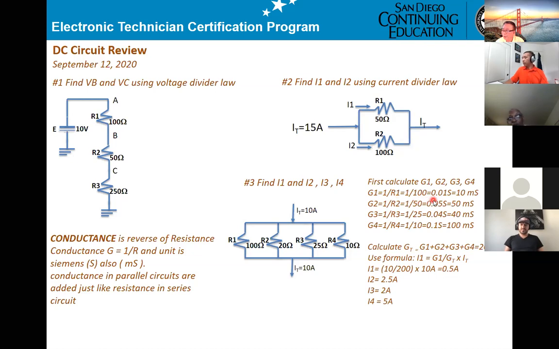That will be 0.015 Siemens, or equal 10 millisiemens. Then you calculate G2 the same way, G3 and G4.